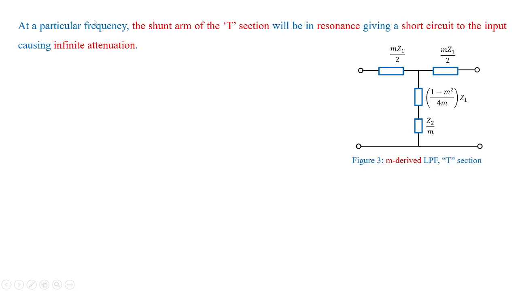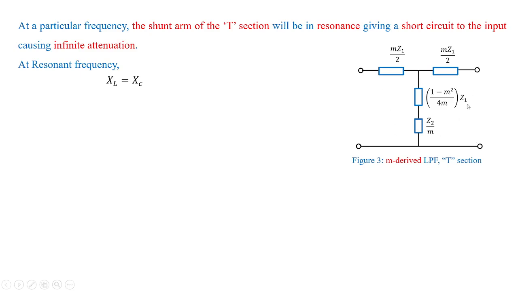For that, we have to keep in mind that at a particular frequency, the shunt arm of the T section will be in resonance, giving a short circuit to the input, causing infinite attenuation. That means we have to take the resonant frequency condition. Under resonance, we know that XL is equal to XC, or the voltage drop across the inductor is equal to the voltage drop across the capacitor at the central limb.